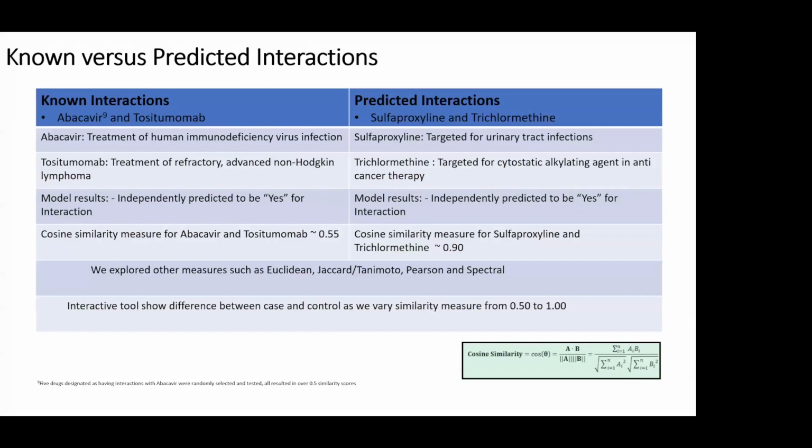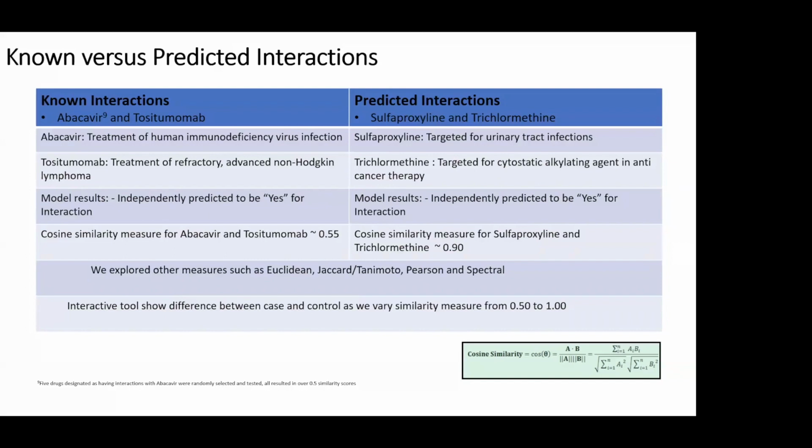For the similarity measures, we explored so many here: Euclidean, which we do within the space of metric space topology, Minkowski, Mahalanobis distance. We tried Tanimoto, Jaccard, and Pearson. Some of these will not really work well here, even Spectra too. So we decided to go with the cosine similarity measure.